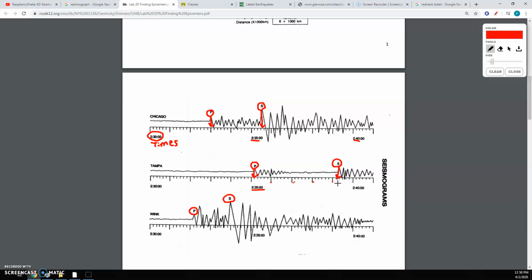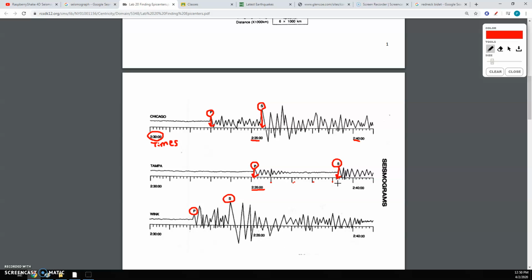They're always slower, and because of that, we can approximate how far away each one of these seismographs is from wherever the earthquake happened. So think of it like this. You're driving down the highway and you're going like 65, and then some maniac flies past you at like 90.